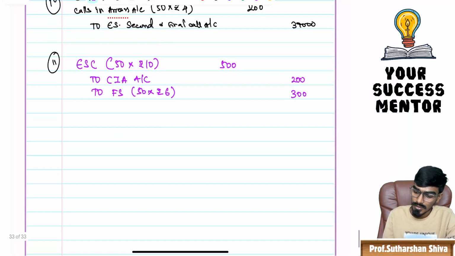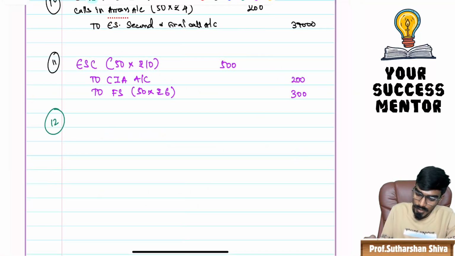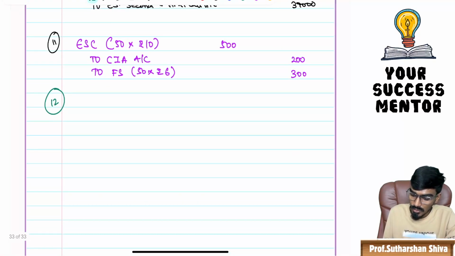Now come to the 12th step. What is happening actually? All forfeited shares were reissued at what per share? 9 rupees per share. So what is the reissue entry? Bank account debit.